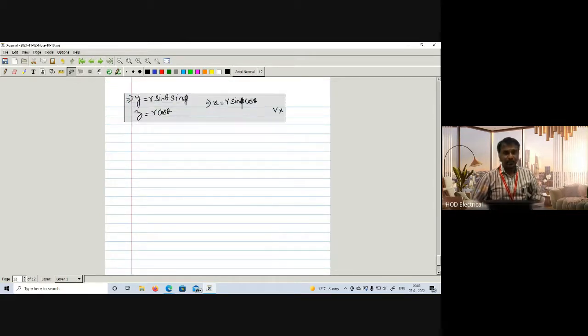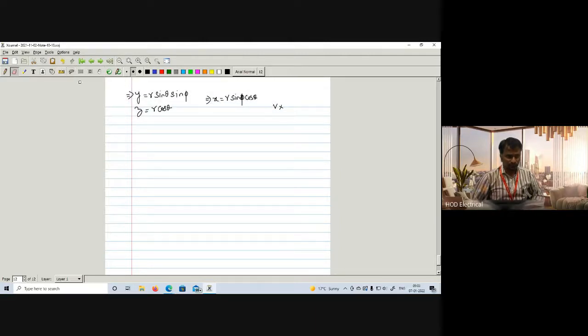This will help us find out how all the variables in the spherical coordinate system can be converted into the Cartesian coordinate system.